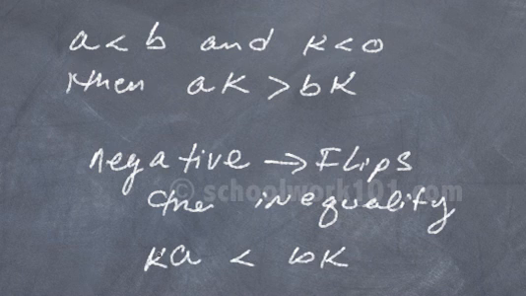That's usually something that people forget to do. And they also say, well, if you divide both sides by a negative, you also have to flip the inequality. So remember that you must flip the inequality if you multiply both sides by a negative number.